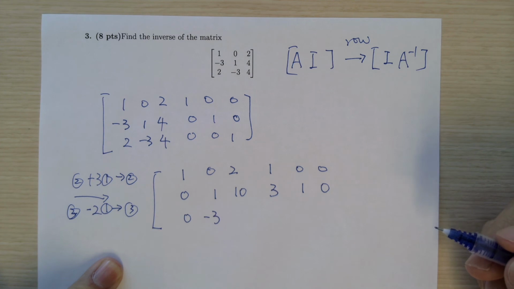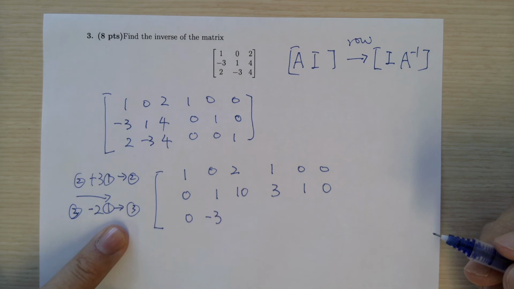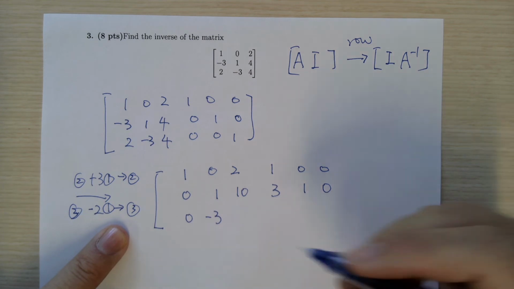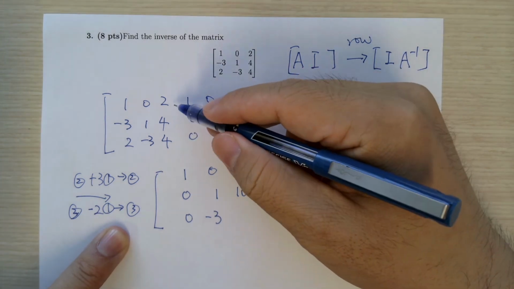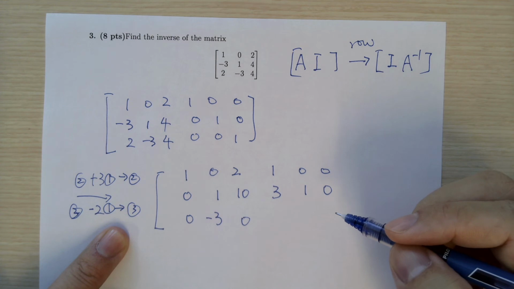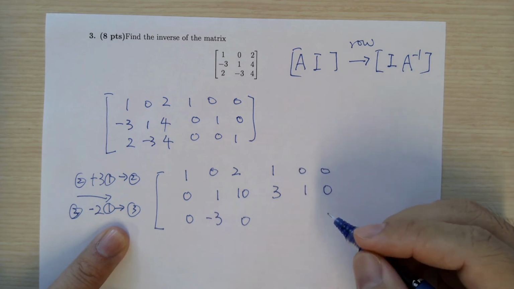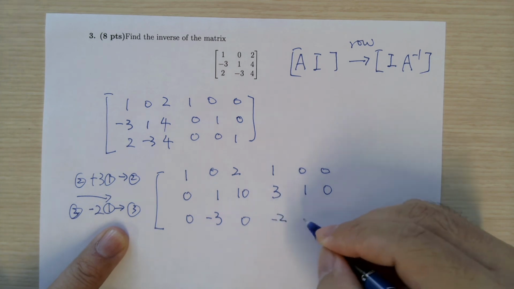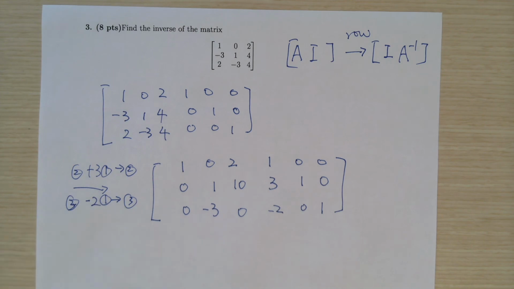And then this piece here, 4 minus 4, so it becomes 0, okay. And then we use row 3 minus 2 times row 1 here, so it's going to give us this minus 2, 0 1 here, okay.